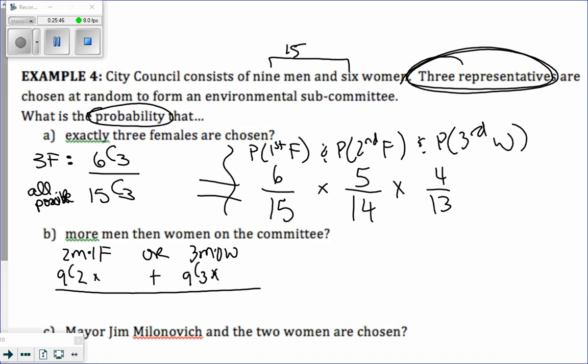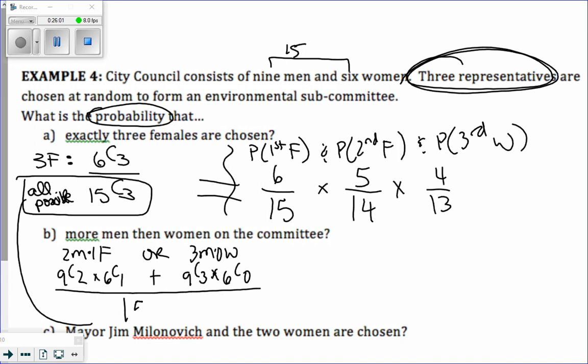How many ways can we select the women? 6 choose 1 and 6 choose none, which you could leave off. You don't even have to have that there. Now, my all possible stays the same every single time, which is the beauty of probability, because the denominator is just no restrictions. You've got 15 people, you need 3.